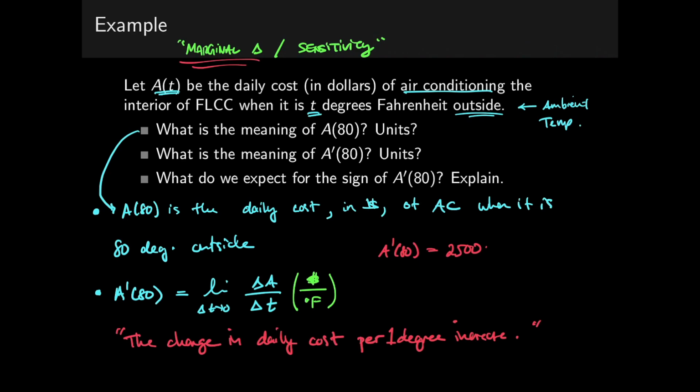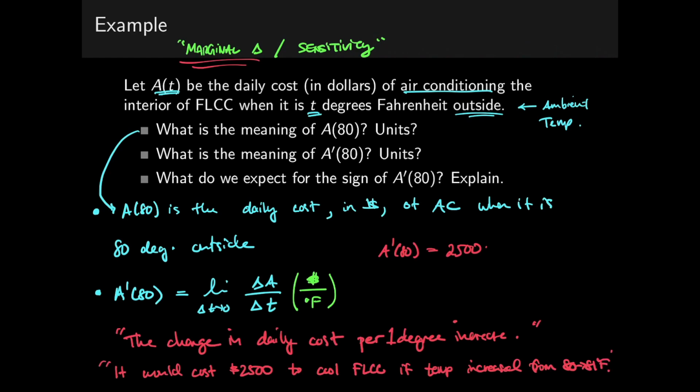This would mean that it would cost $2,500 to cool the building if the temperature increased from 80 to 81 degrees Fahrenheit. This would be a solid interpretation of what this means.